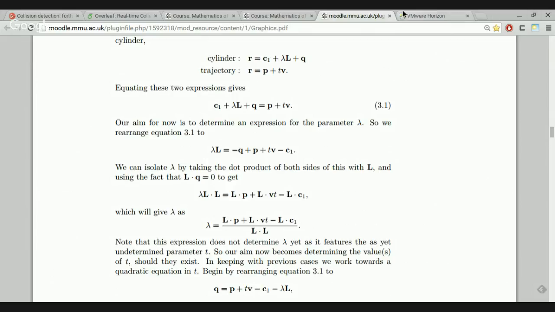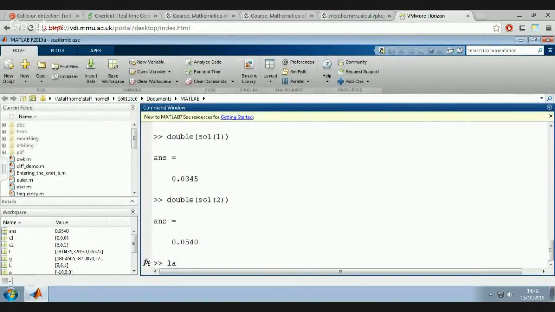So you can check that quickly in MATLAB by just doing a quick function. You can do these anonymous functions. You do at t. It's a function of t, and the function is this ratio of dot products. It's the dot product of L with P plus V star t minus C1, and that's divided by the dot product of L with itself.